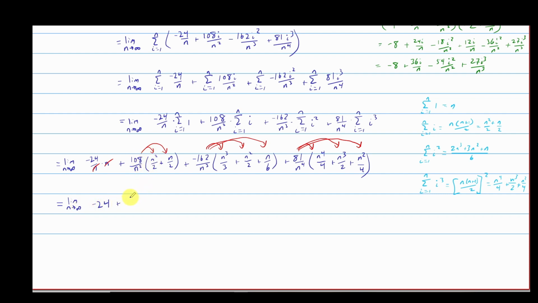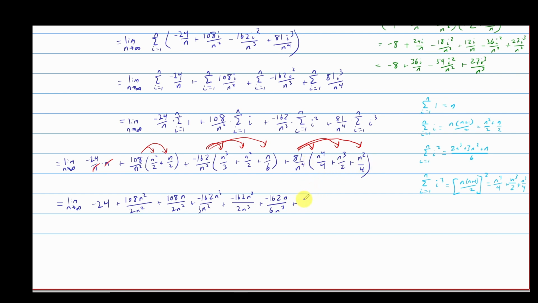This first one I have 108n squared over 2n squared plus 108n over 2n squared, negative 162n cubed over 3n cubed, negative 162n squared over 2n cubed, negative 162n over 6n cubed.